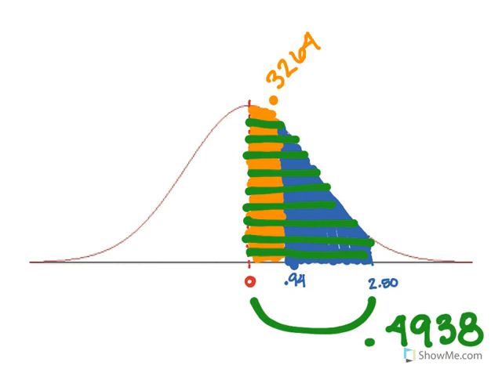I'm trying to be very colorful. From here to here, the orange and blue, that's really green. I just didn't color it because I wanted you to still see the orange and blue. Okay? All of that is 0.4938.